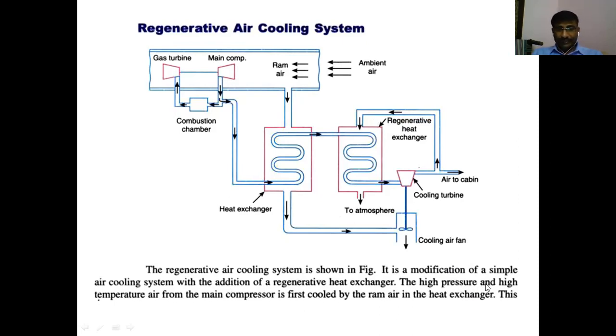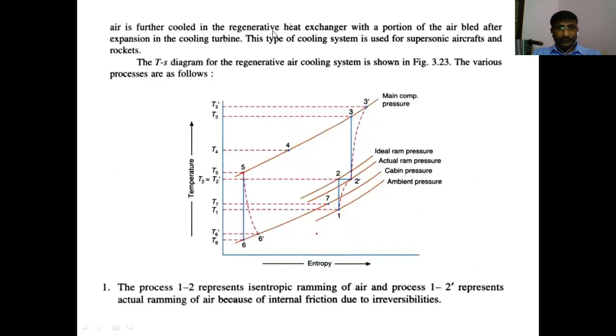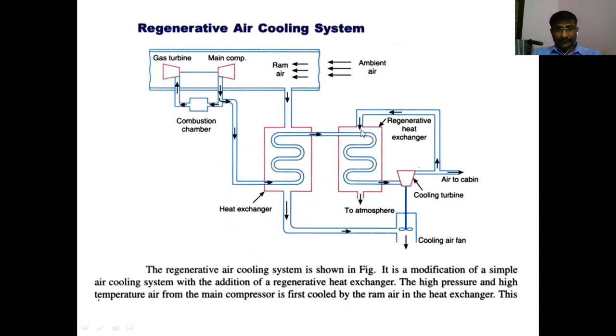The high pressure and high temperature air from the main compressor is first cooled by the ram air in the first heat exchanger. This air is further cooled in the regenerative heat exchanger with a portion of air bled after expansion in the cooling turbine. What it means? This air is further cooled in the regenerative heat exchanger by air bled off from the cooling turbine.